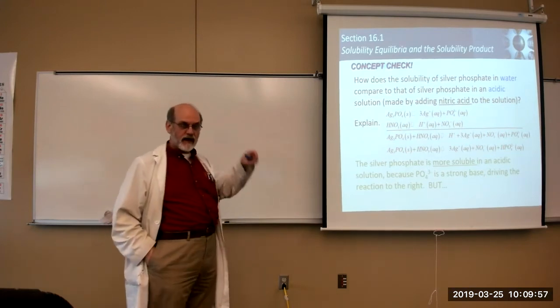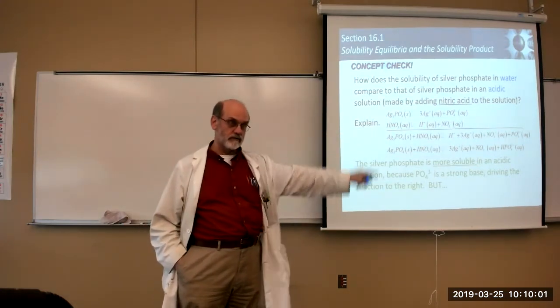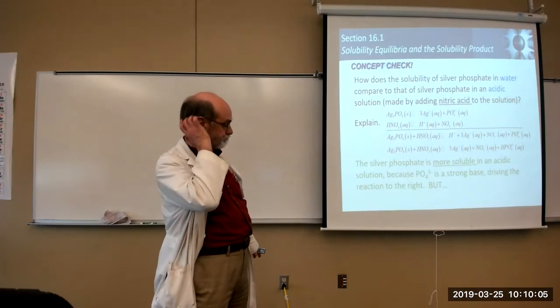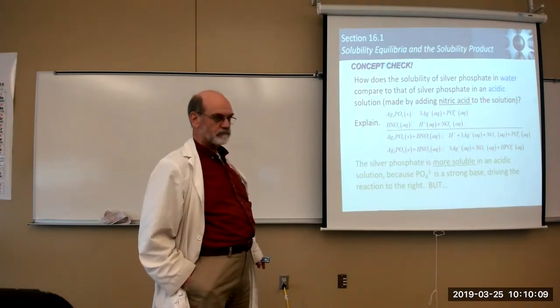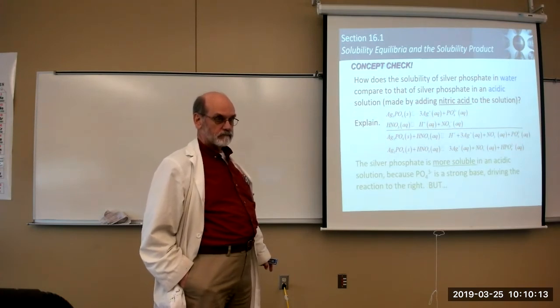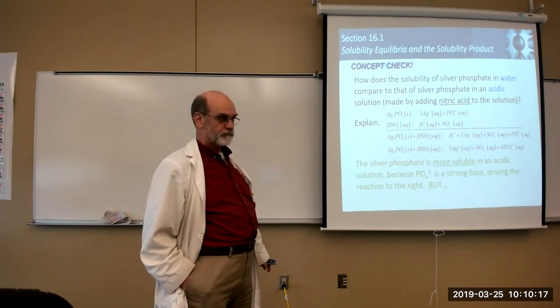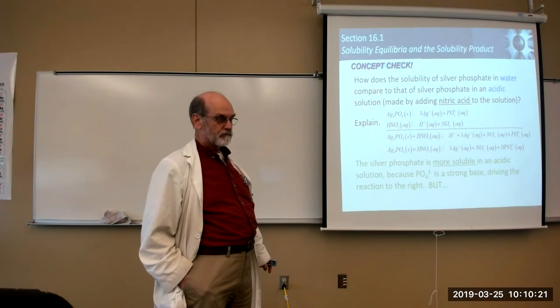Okay, and that's Le Chatelier's principle: when we do that, it goes this direction. So that phosphate, the PO4... I guess I'm just wondering, if I'm looking at silver phosphate, how do I just know that that phosphate would desperately rather cling on to a hydrogen proton than a silver?